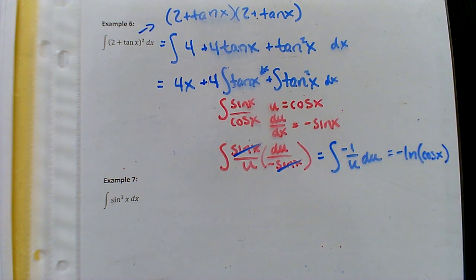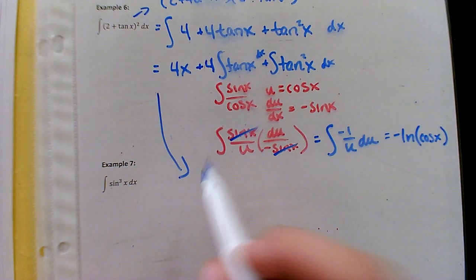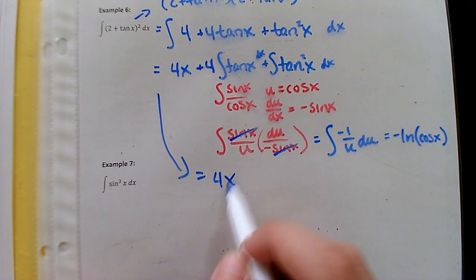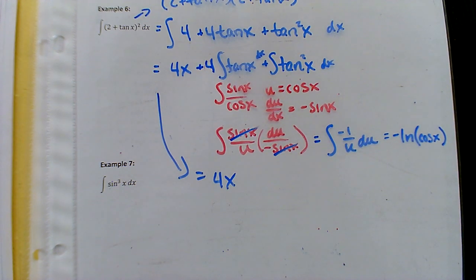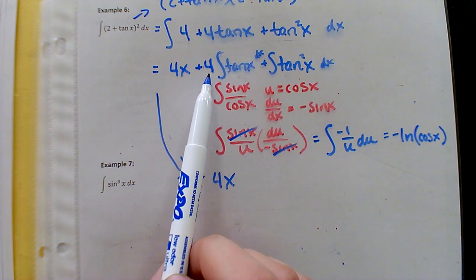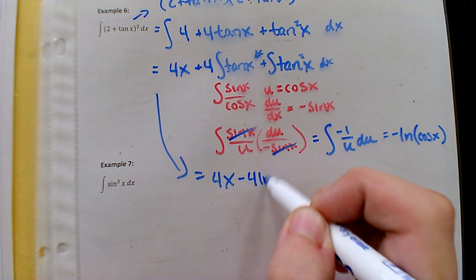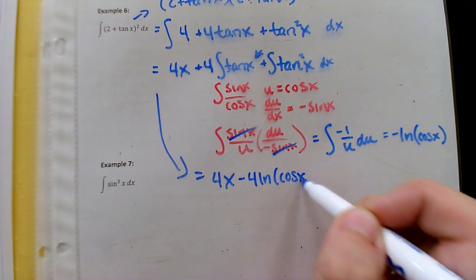So the antiderivative of tangent is actually negative natural log of cosine. Okay, so that we don't lose focus, we initially had 4 times this integral, so we need 4 times the antiderivative we found, which gives us negative 4 natural log of cosine of x.